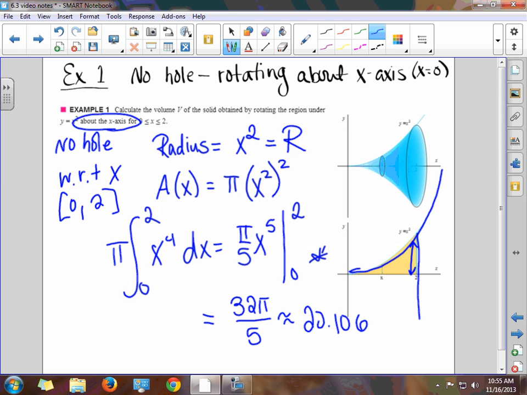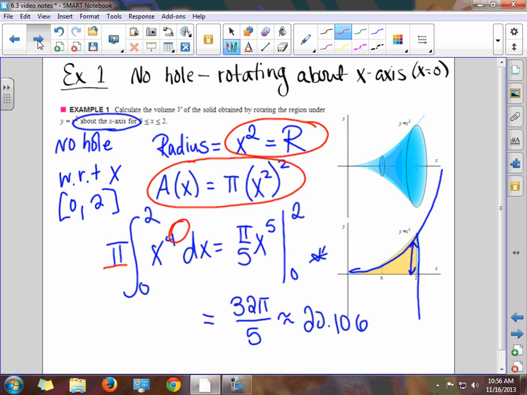So it's really not bad. My biggest problem is just integrating r and not integrating the area. So forgetting the pi and forgetting the extra squared there and just integrating f of x is all that's going to do is give you the area under the curve. It's not going to give you any volume.